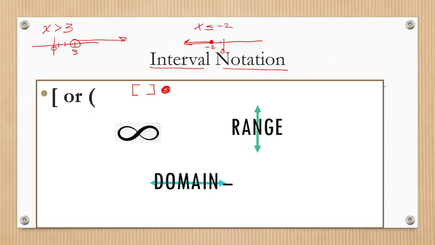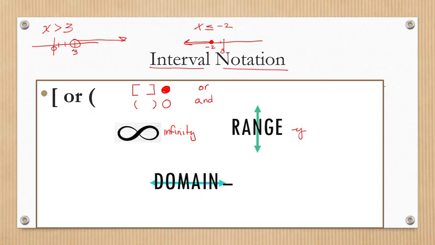If we have just parentheses, that's an open dot. Sometimes we might see the word or, sometimes the word and, in our interval notation. The infinity symbol means it's going to go on forever and ever.